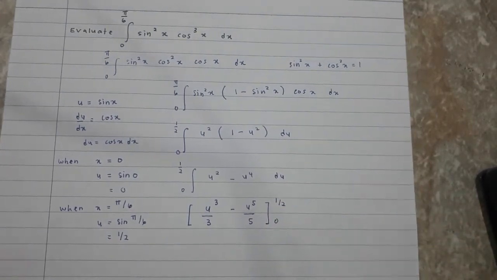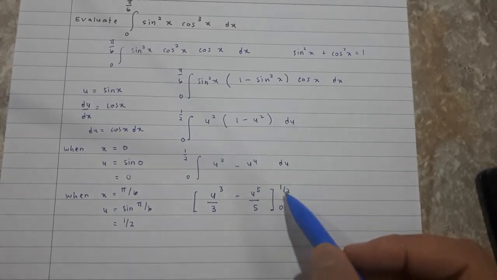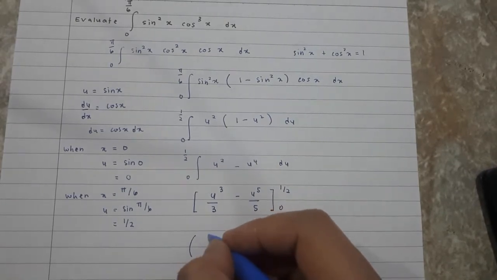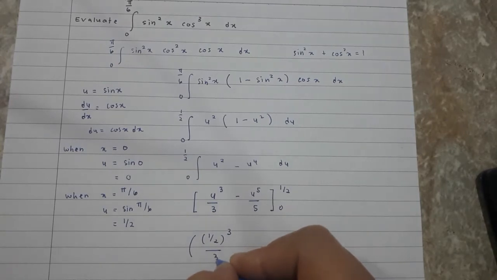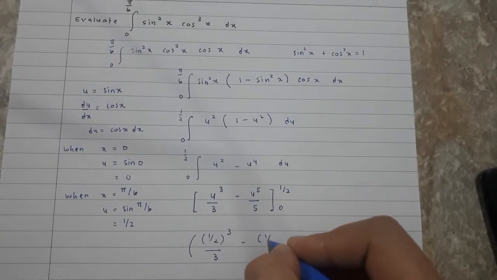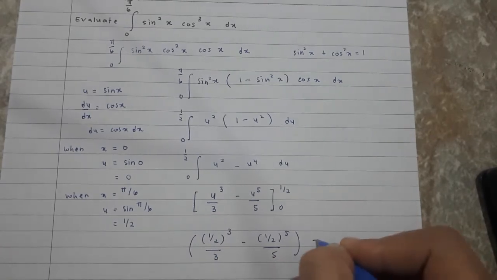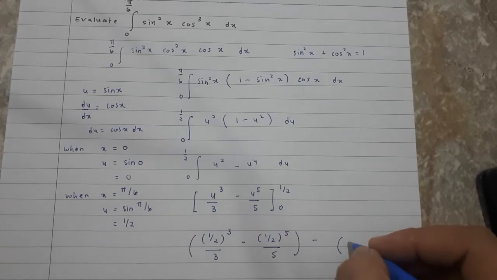And because this is a definite integral, as for the final answer, we must substitute 1 over 2 minus the substitution of 0. Substitute 0, we get 0 minus 0.